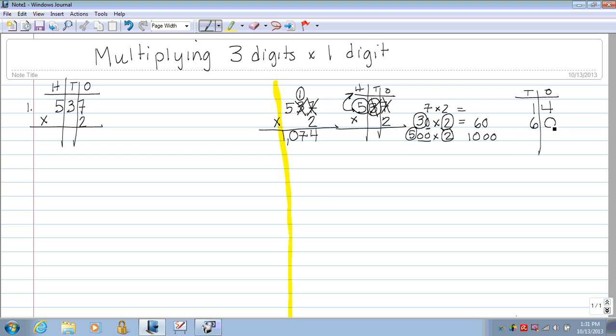If I write that in my place value columns, I have 0, 0, 0 by hundreds, and 1,000. So if I add that up, 4 plus 0 is 4, 1 plus 6 is 7, 0 plus 0 plus 0 is 0, and 1 plus 0 and 0 is 1.